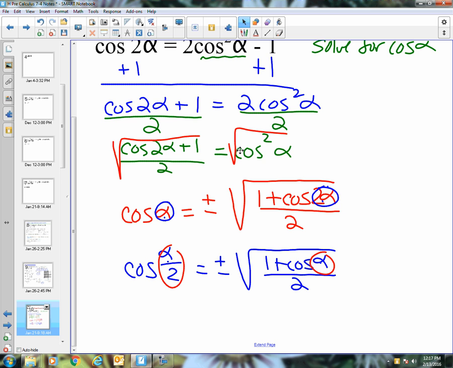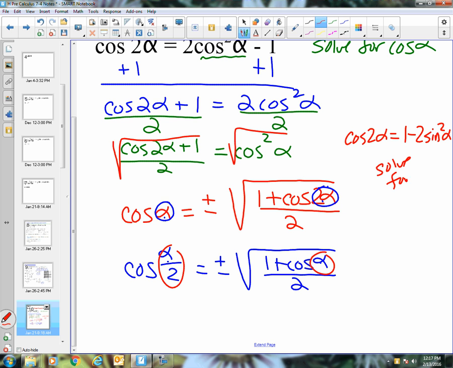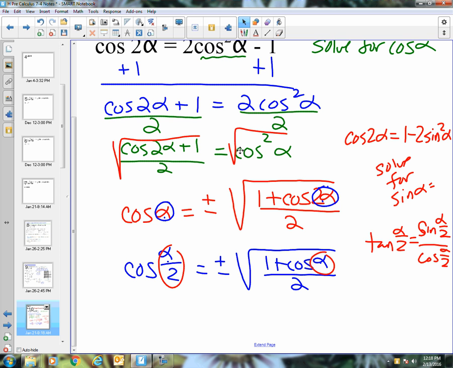Now, if you wanted to prove the sine half angle formula, you would use the other cosine relationship: cosine of 2 alpha equals 1 minus 2 sine squared alpha. If you solve that for sine of alpha, you will get the half angle formula for sine. To get the tangent half angle formula, you take the formula for sine of the half angle divided by cosine of the half angle, the same relationship we talked about before for tangent with the double angles.